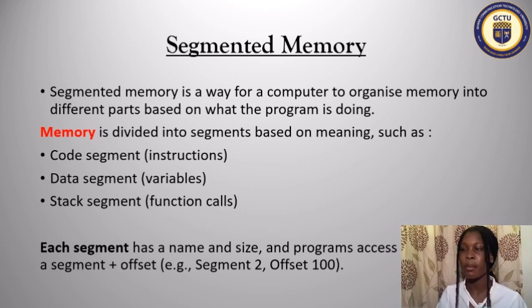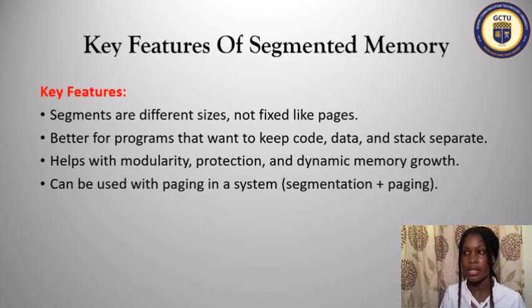Now I want to look at some key features of segmented memory. They are self-explanatory, but I'll take you through them. So the first point is that segments can be divided into different sizes. Also, they are good for keeping code, data, and stacks separately. They also help with organizing programs, allowing the programs to grow and to also keep them protected.